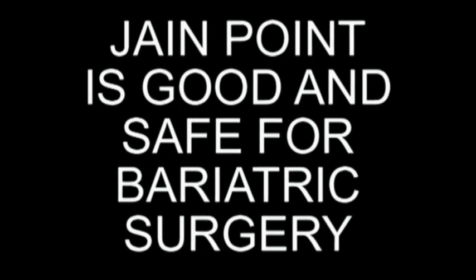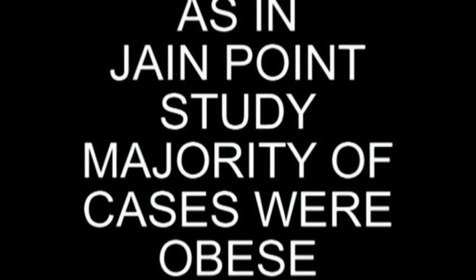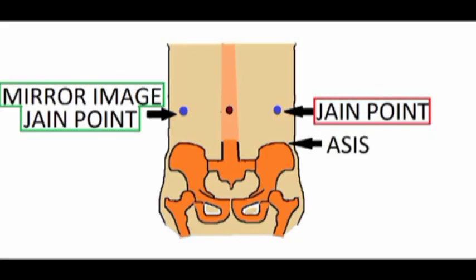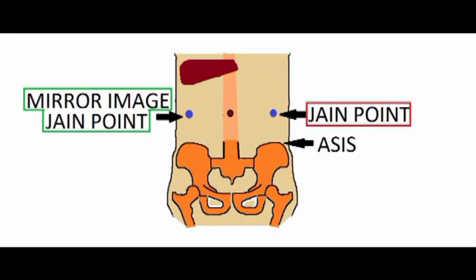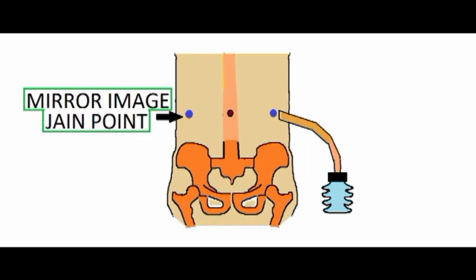Jain point is good and safe for bariatric surgery, as in Jain point study, majority of patients were obese. Jain point is good for general surgeons, oncosurgeons, and urosurgeons as well. Mirror image of Jain point, that is Jain point on right side, is also useful and can be used safely without chances of liver laceration in cases where left side Jain point is occupied by some scar or drain.